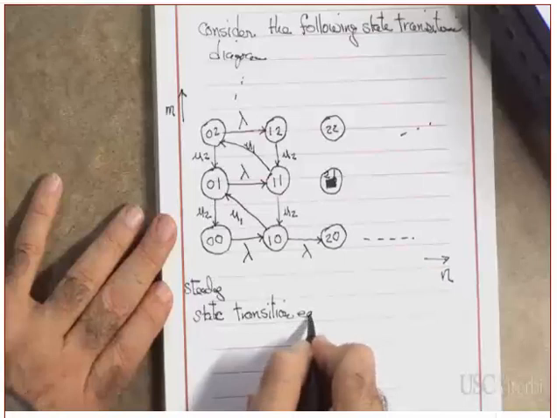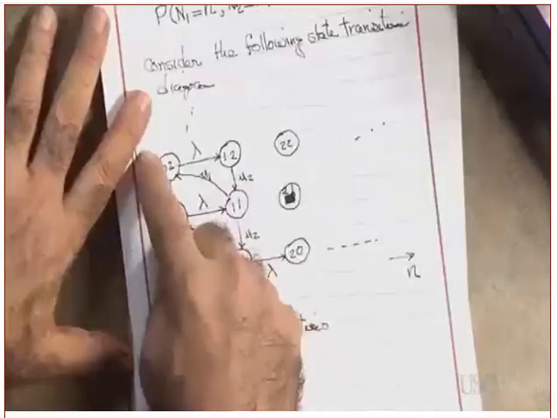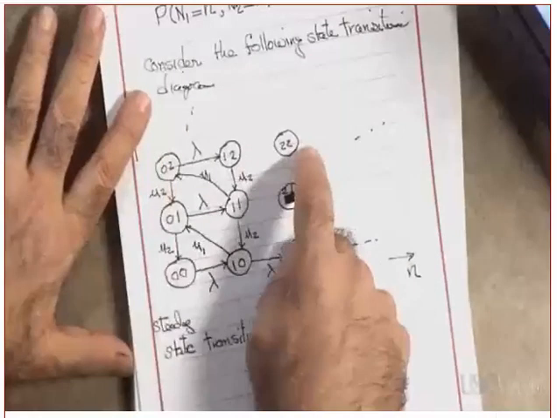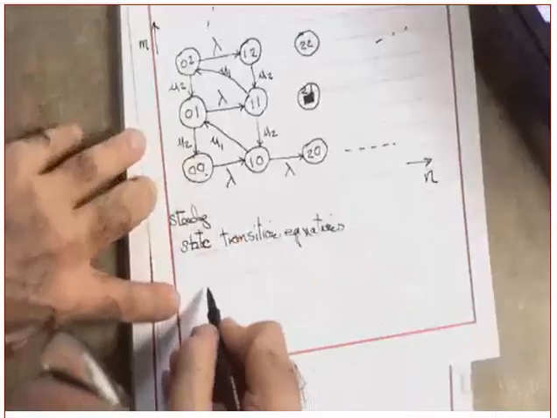It's from up, but it's the same value of n. So plus mu2 P n, 1. Pick any one of these. Where is it coming from? The n is the same as now, 1.